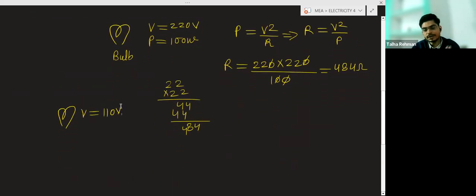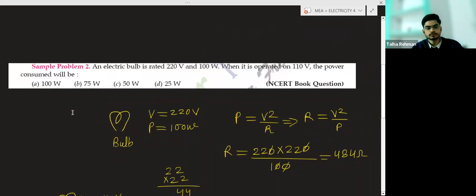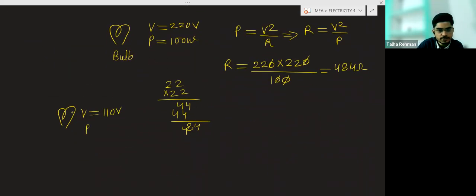When you give a supply of 110 volts to this bulb, how much power will it consume? So apply again the formula, power is equal to V square divided by R. V square means 110 square, and resistance is 484.